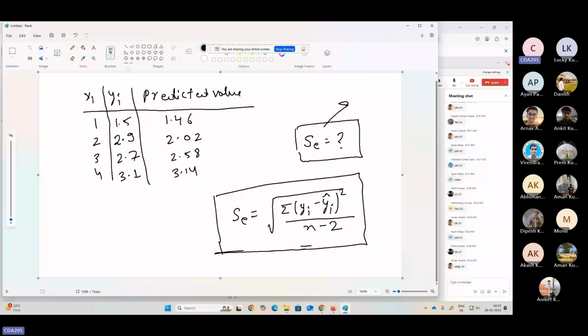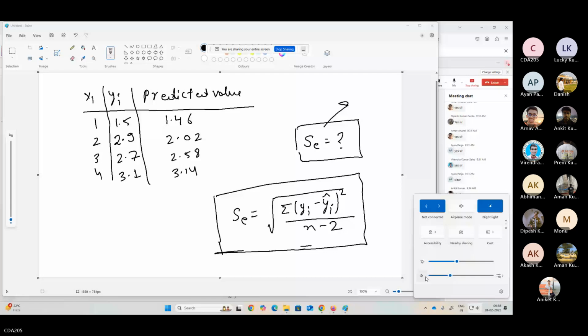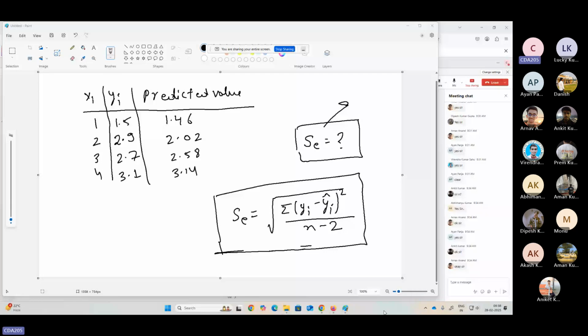What is the value? What is the value of SE that is coming? Anyone who got SE?